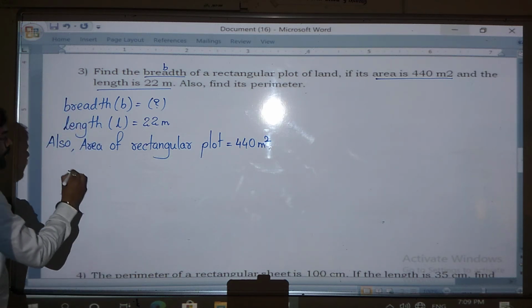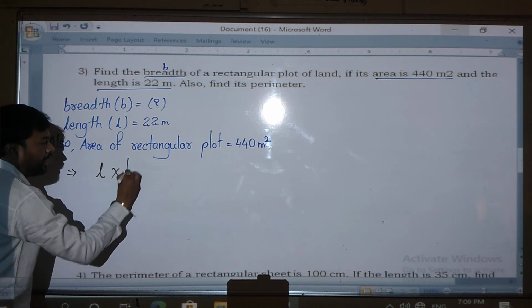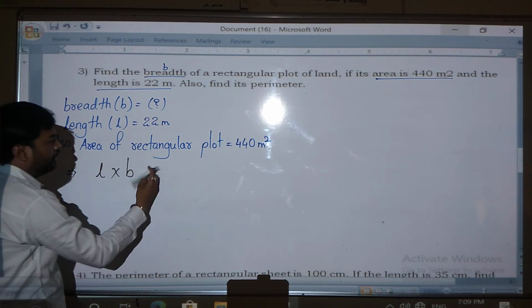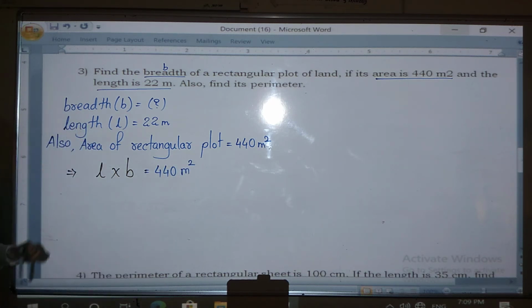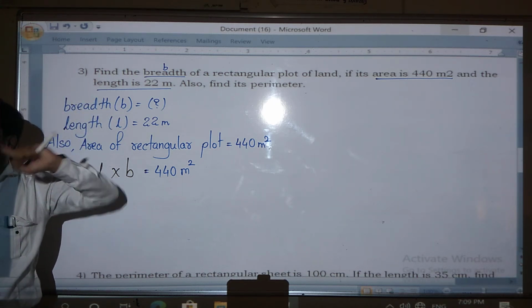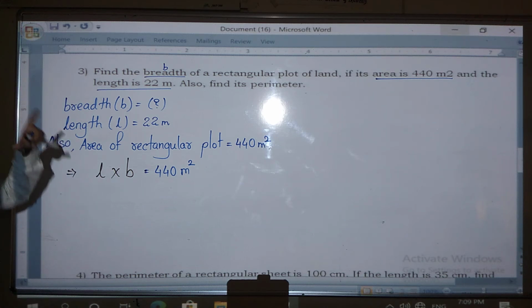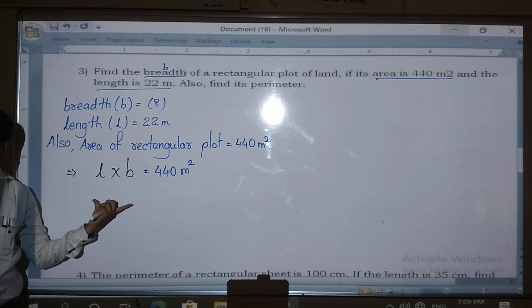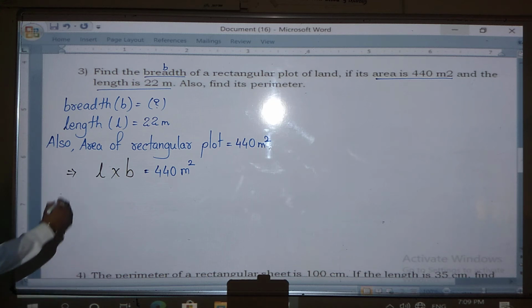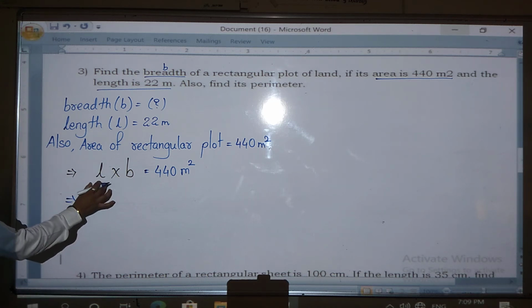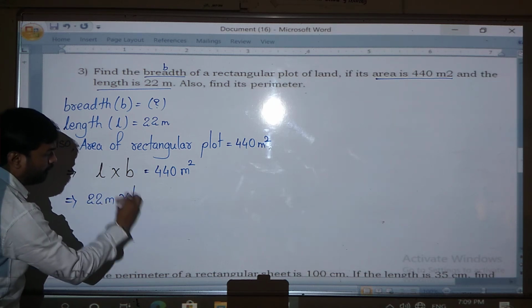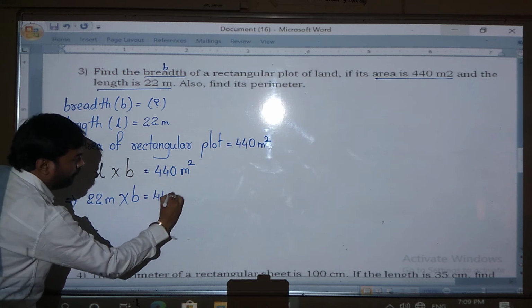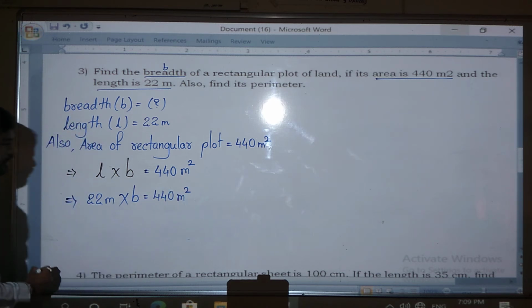So that will be L multiplied by B, which is equal to 440 meter square. Idea આવે? આવા સમ આવે જ્યાં તમને એરિયા આપી દીધું હોય, પેરીમીટર આપી દીધું હોય, at that time we are going to form an equation. So which implies, length 22 meter multiplied by breadth is equal to 440 meter square.